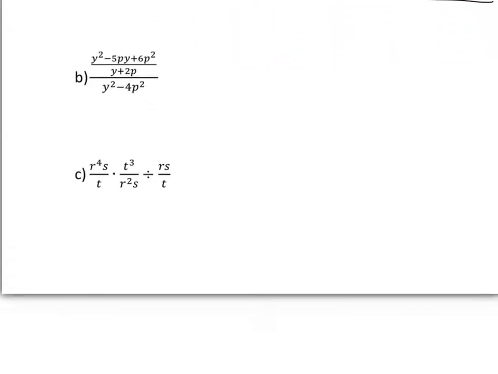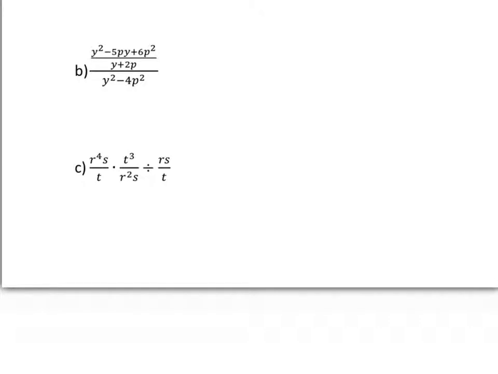All right, B here is probably the hardest problem in the whole section, but let's tackle it right away. We're going to divide and then divide again. Let's rewrite it. If you're dividing by this, it's the same as multiplying by 1 over that, because you multiply by the reciprocal.